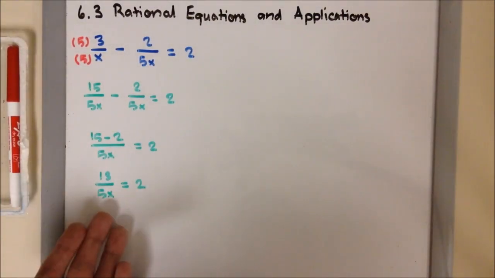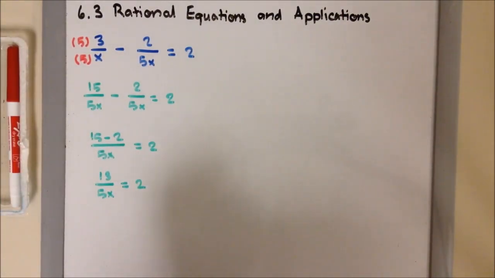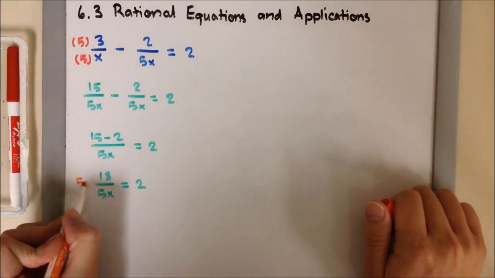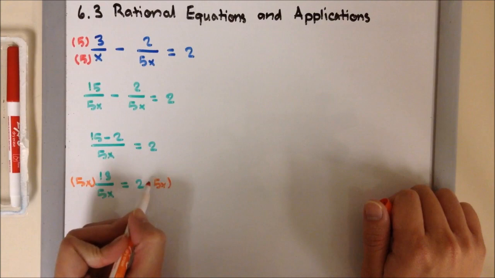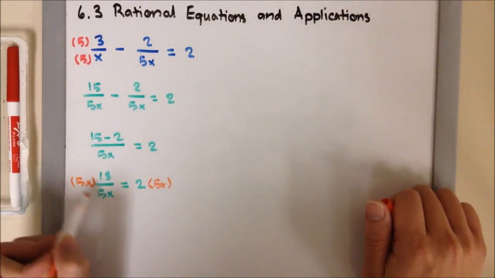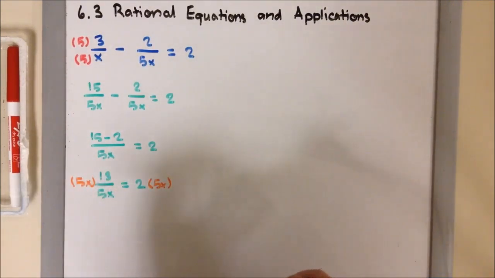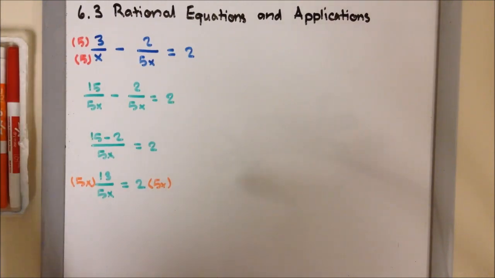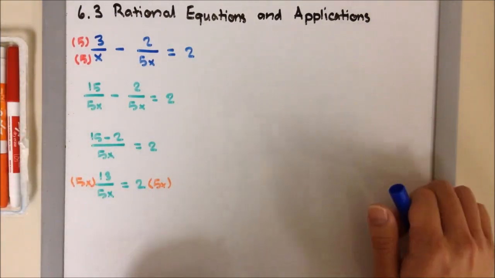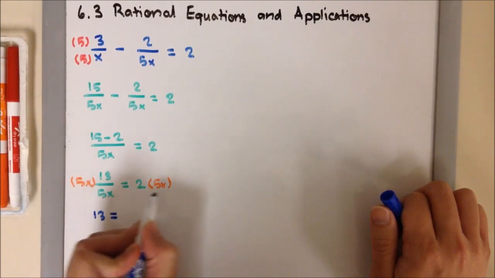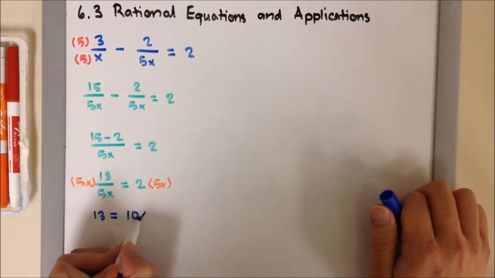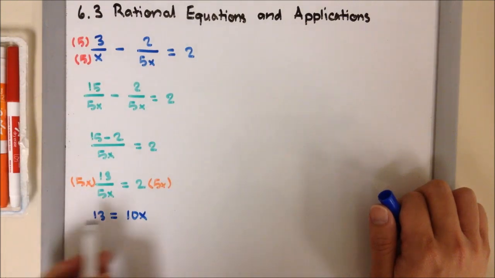Since we have 5x in the denominator, I'm going to multiply both sides by 5x, so that I won't have a fraction anymore. When I multiply both sides by 5x, I'm going to have 13 equals 2 times 5x, which is 10x. Then, in order to solve for x, I'm going to divide both sides by 10.